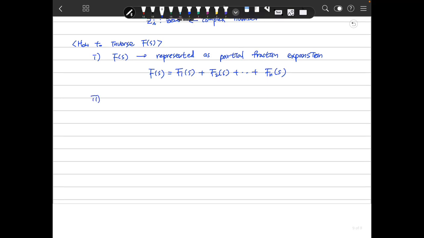Second, inverse transform each F_i(s). Then the final f(t) is the sum of each inverse transform, f1(t) + ... + fn(t).